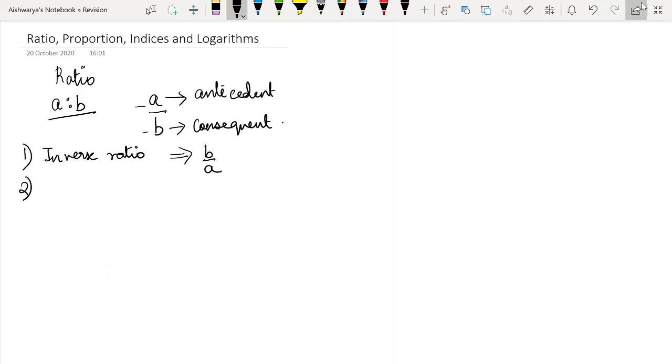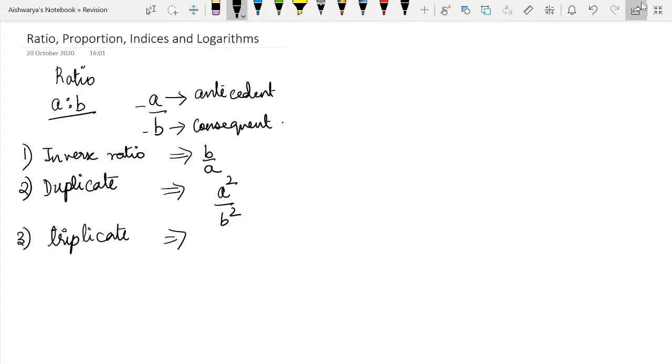The second is duplicate ratio. In duplicate ratio, all we do is A square by B square. We square it. Then we have triplicate ratio, which is nothing but cubing it, A cube by B cube. Then we have subduplicate ratio.